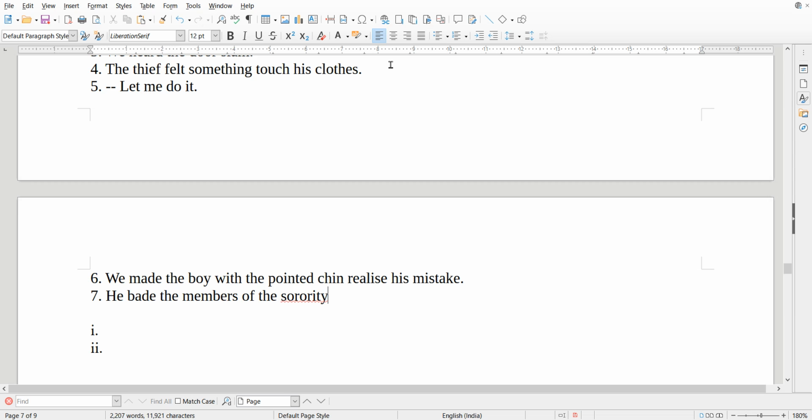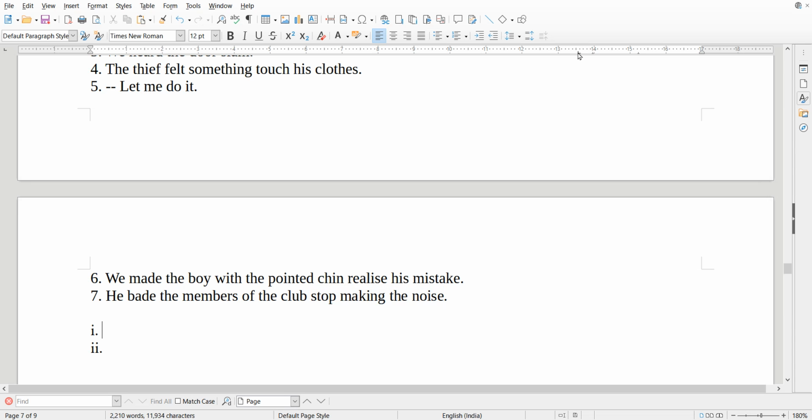Sorority shouldn't be there, but anyway, members of the club stop making the noise. For example, he made the members of the club stop making the noise. Stop. He made them stop. He made them stop doing something. Yes, that's possible. This is a bit different from the other examples, but yes, that's correct.